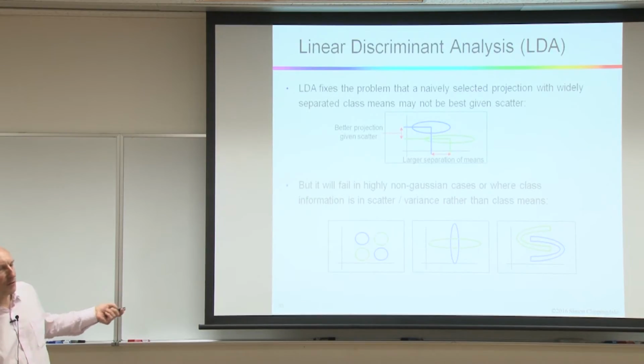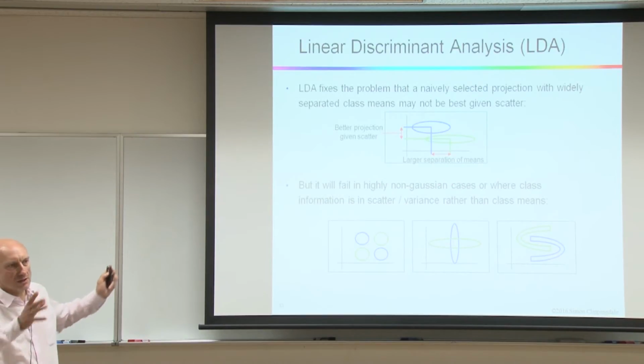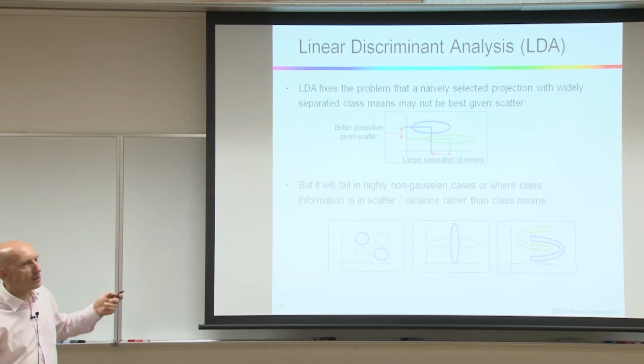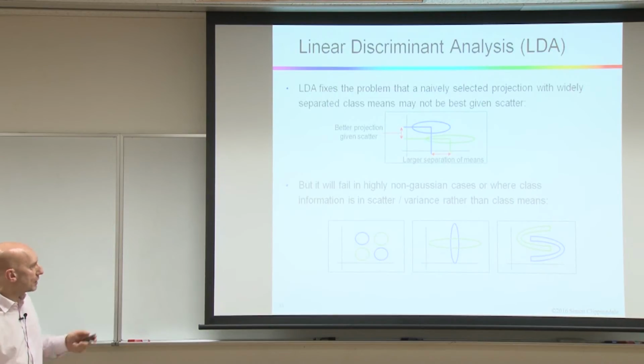LDA isn't perfect though, because it will fail if you have cases which are non-Gaussian, that's to say they don't fall into this kind of nice, smooth, elliptic kind of shape, or where the class information itself is in the scatter and the variance rather than the means.